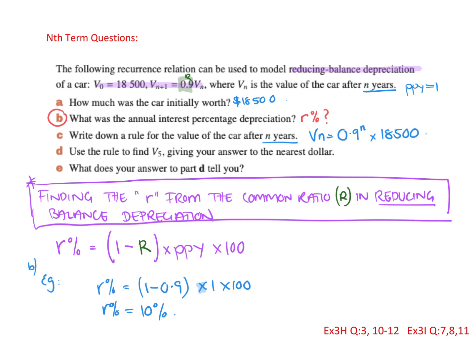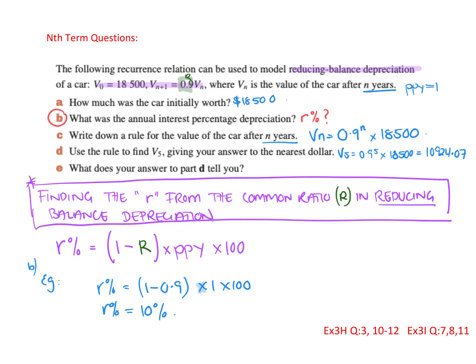And then it says use the rule to find V5. So I could go V5 is actually 0.9 to the power of 5 times 18,500, which equals 10,924.07.